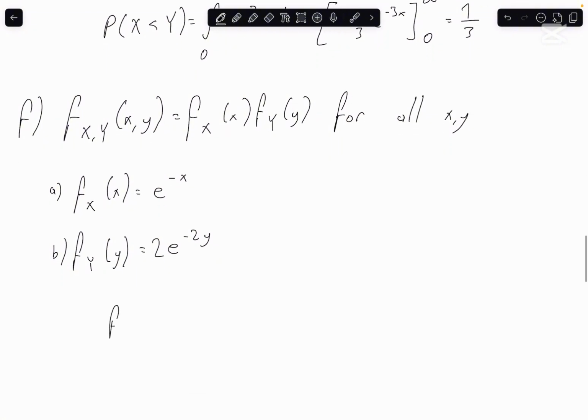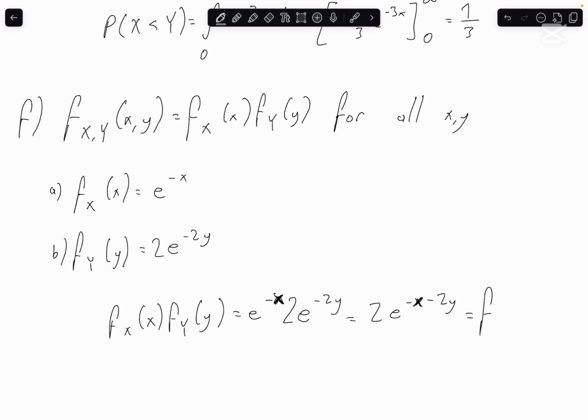Multiply them, and it gives us this joint PDF.